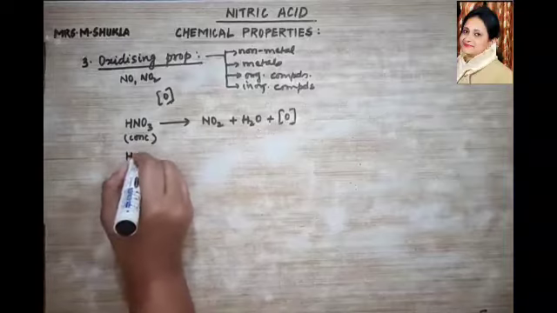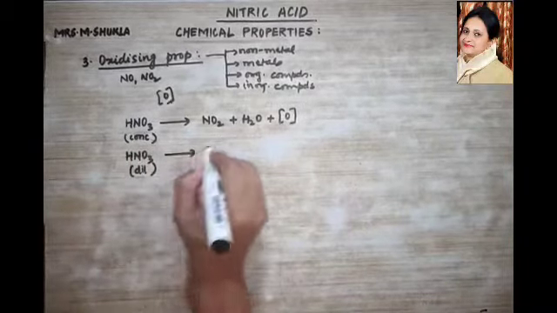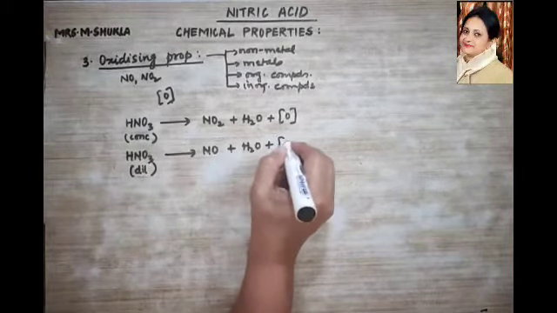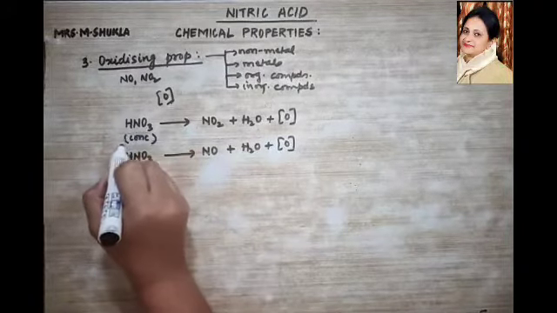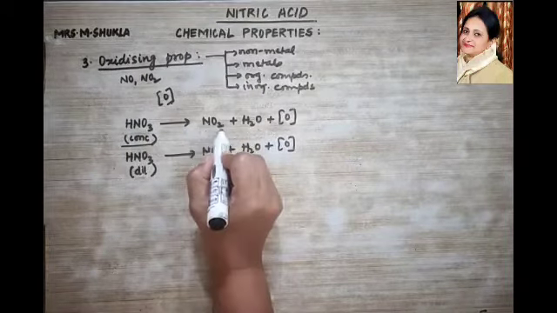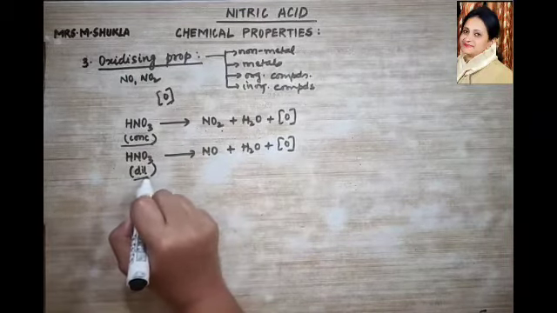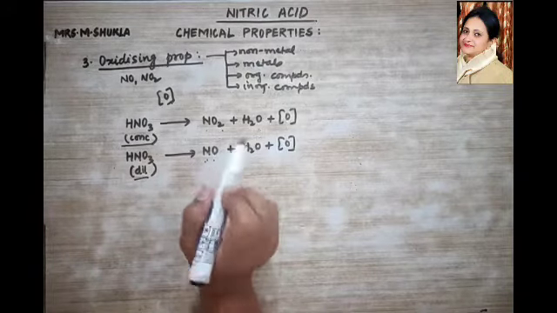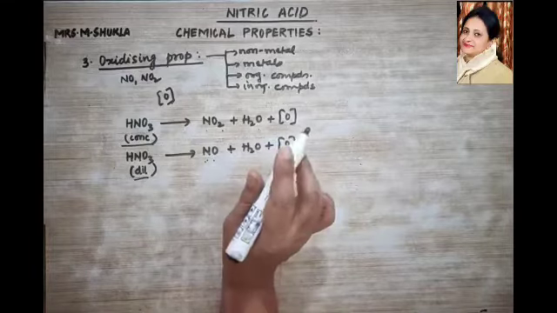And if we use dilute nitric acid, then this is going to give us nitric oxide, water and nascent oxygen. So if we study concentrated HNO3, always remember that nitrogen dioxide gas will be given out. And if we are using dilute acid, then nitric oxide will be released along with nascent oxygen and water will be formed.